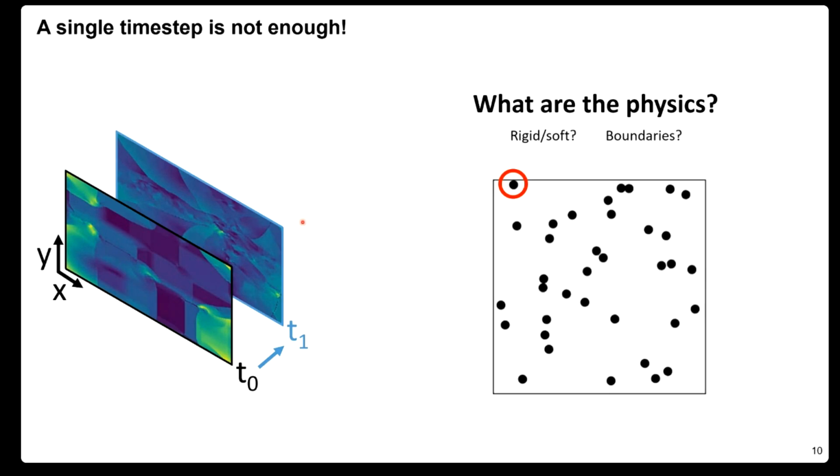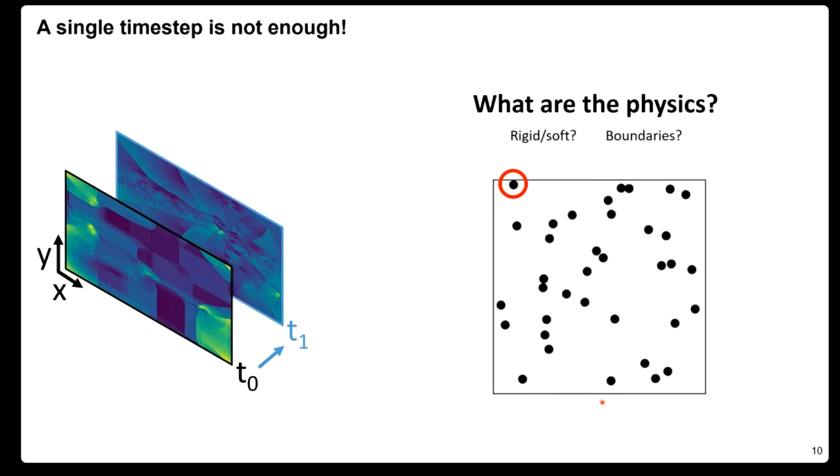So if we look, for example, at this spherical ball here, or this dot, and I'm going to tell you it's moving, and I can maybe even give you the vectors of movement, so in which direction the ball is moving next. You still don't know, for example, what the boundary here is.